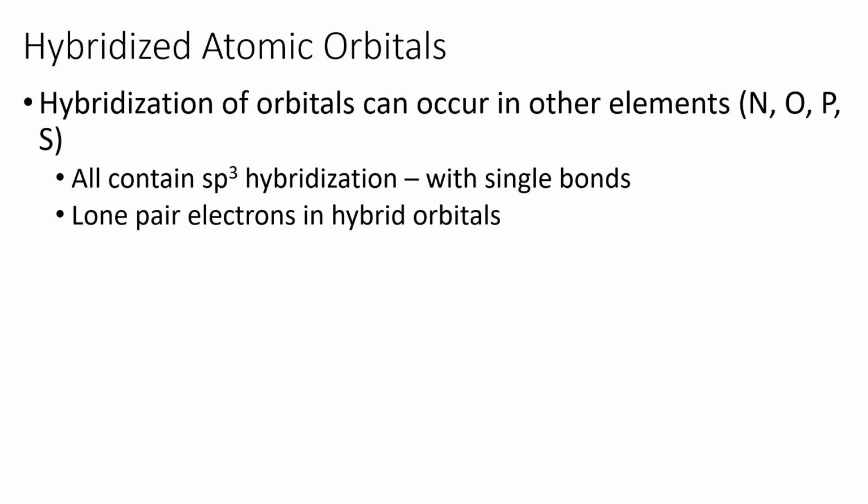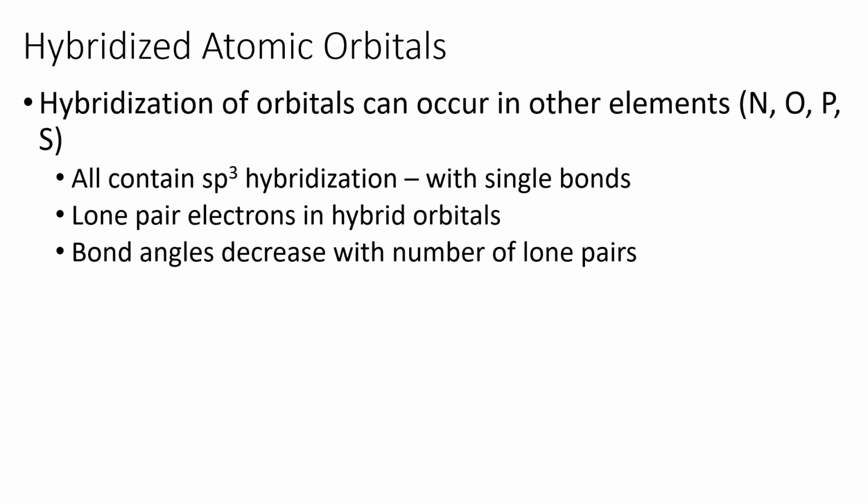This is why we see the same types of bond angles in our structures with lone pairs as we do in our structures that contain nothing but single bonds. Our bond angles will decrease with the number of lone pair electrons. So if we look at something like nitrogen, and if we have a structure like NH3 that we have seen before in your general chemistry class, that nitrogen has that lone pair on it.